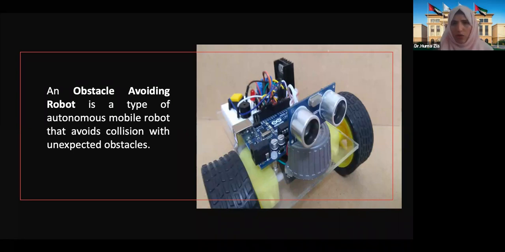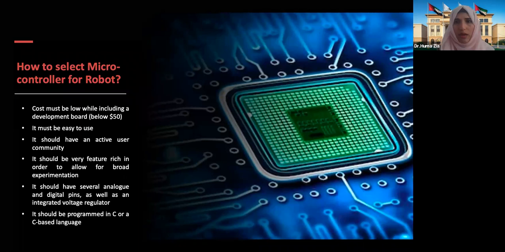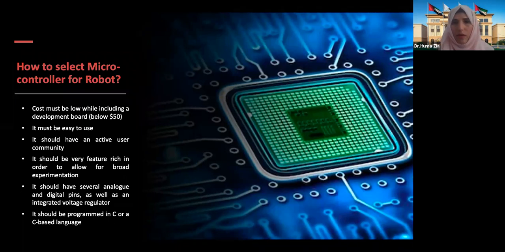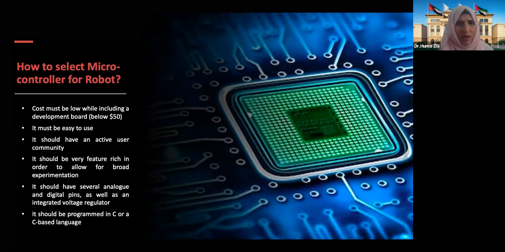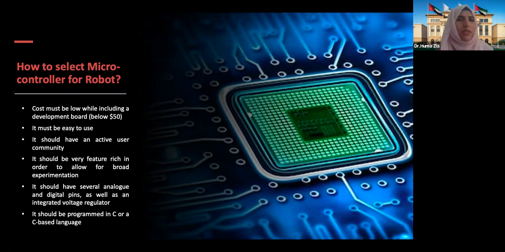I won't go into too much detail on that. Now, if we talk about how to select a microcontroller for a robot, again, it depends upon the features and, as I discussed earlier, upon your application requirements. If you want a higher processing engine, then you will go further up.